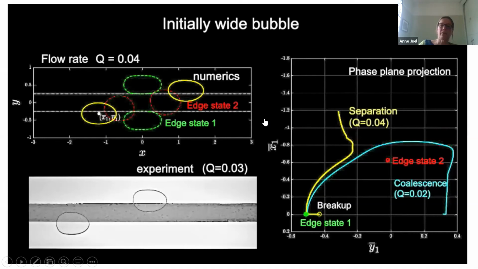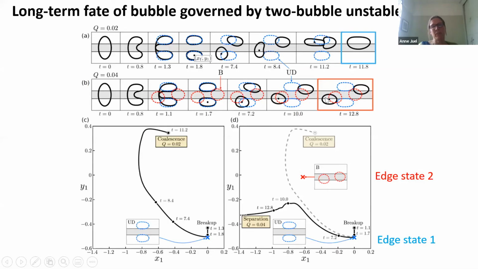So we can look at a summary of this, where you have a time evolution of these bubbles. The first bubble, at the low flow rate below the threshold, you only had one edge state. The system sat at this edge state for quite a while, and then eventually gets kicked off it because it's unstable, and then evolves to where one bubble goes across the rail and coalesces with the other bubble to give you one bubble long-term behavior.